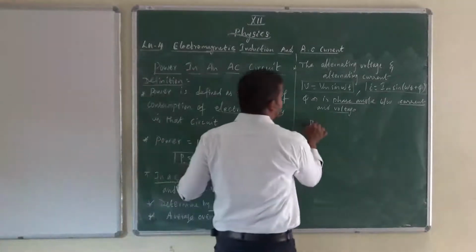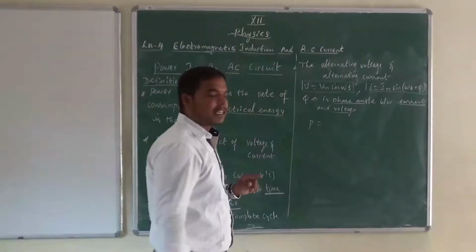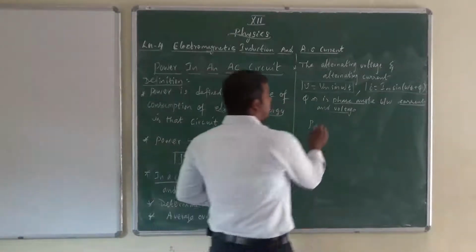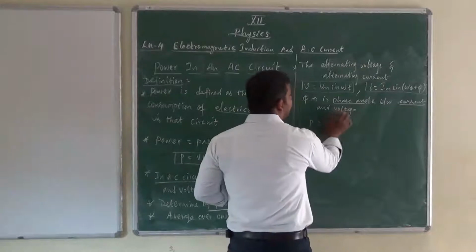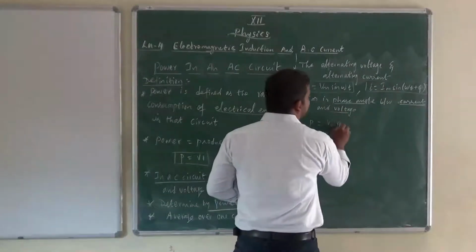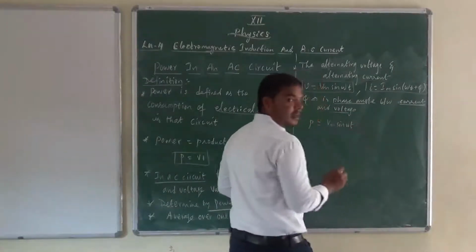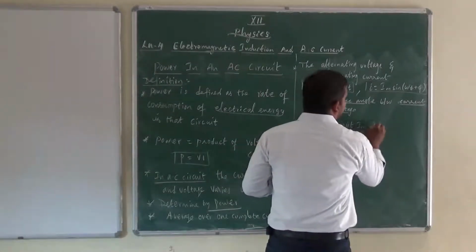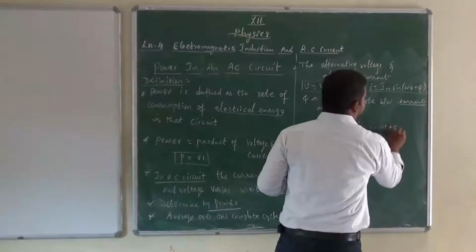P equal to, that means power in an AC circuit we will calculate. Power equal to VI, isn't it? So V is nothing but Vm sin omega t, and I is Im sin(omega t plus phi).